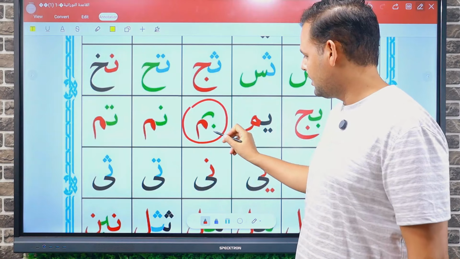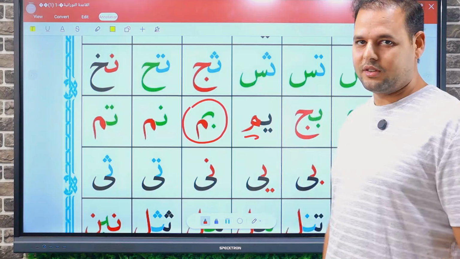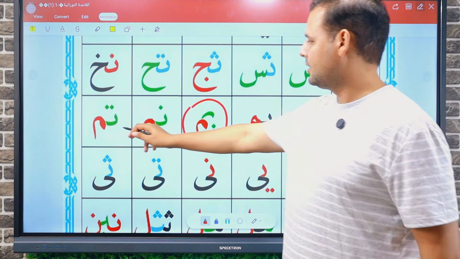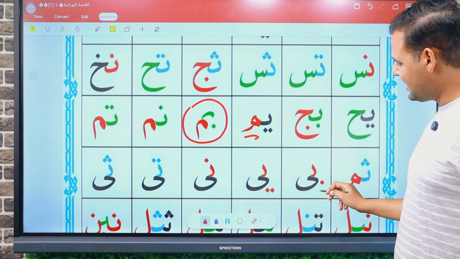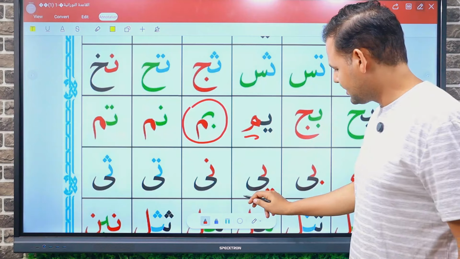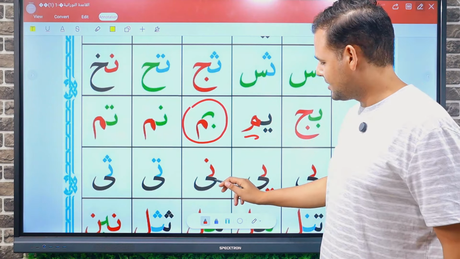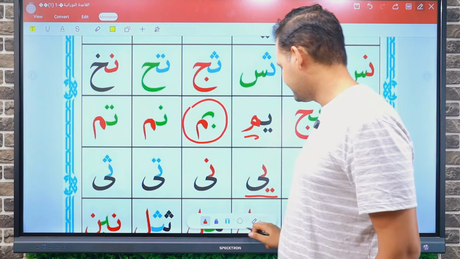Nothing, just ba. So that's ba, and I know this is ma, and that is also ma. It's two shapes for ma. And then we have nama, tama, thama. That's ba, ya. And look at this, that's ya, ya. And then there's naya, taya, and then thaya.